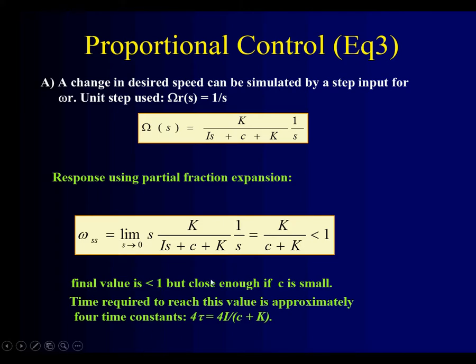If we put a step input, it's like we multiply by 1 over s. You're going to find in your text the ability to do partial fraction expansion, but we don't really need to. But if you do, that would be the way we set up the problem. The final value is less than 1, but close enough if E is small.